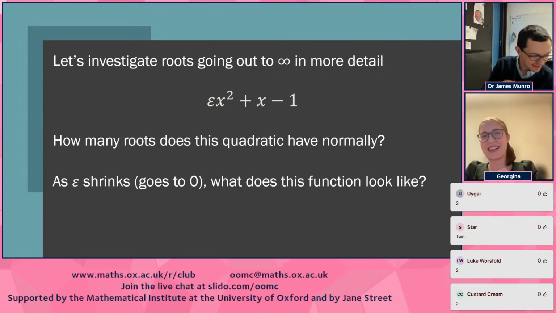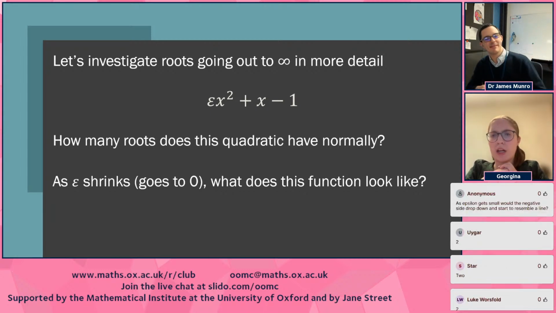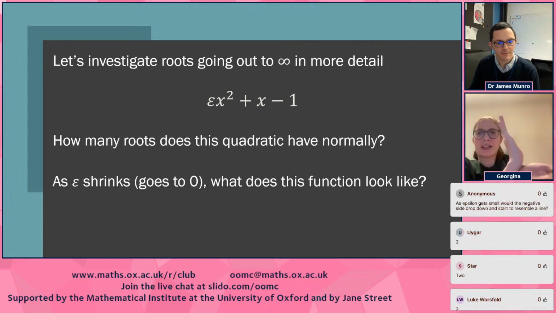No trick questions here. But then we know that if we set epsilon equal to 0, this function becomes x minus 1, right? Like if I just sub in epsilon equals 0. So we need to have our quadratic go from looking like epsilon x squared plus x minus 1, so a thing with 2 roots, to something that looks like it only has 1 root.